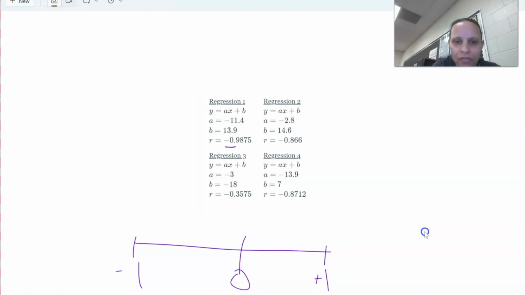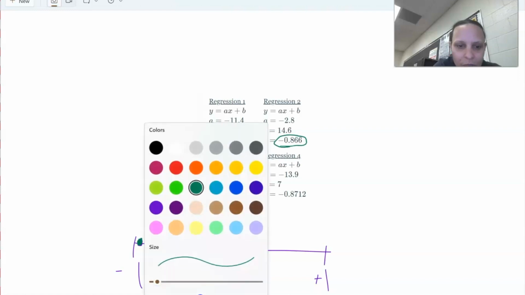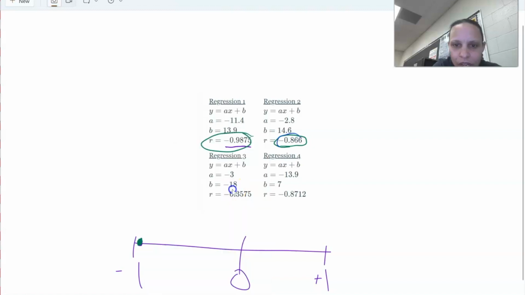-0.98 is going to be very close to -1, and actually I'll color code this so that I know. So this is green, very close to -1, right? -0.8, let me color code this blue. It's not as close as this one, so somewhere over here.